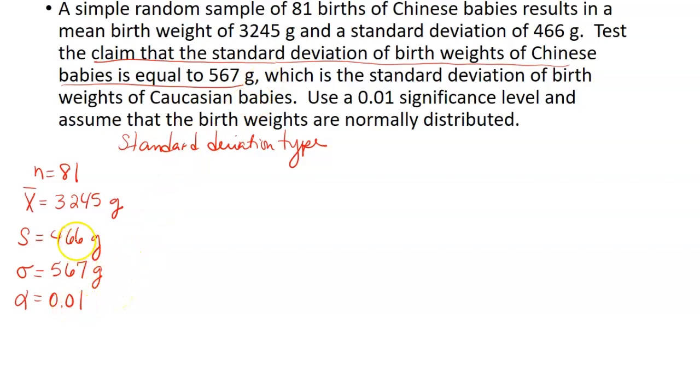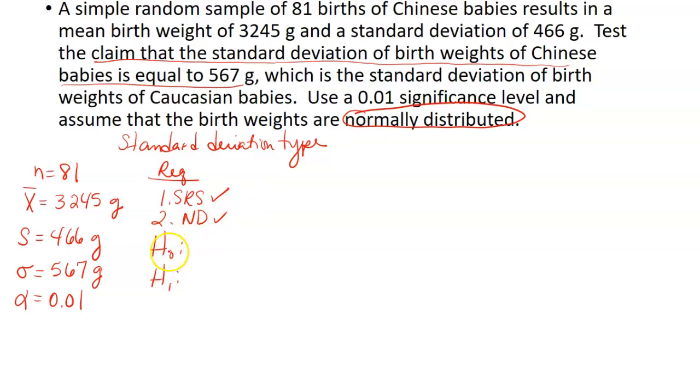Okay, so as far as our requirement check, we have to know that it is a simple random sample, which we assume, and the other part is it has to be normally distributed. This one is normally distributed. They tell us that, so we're good with that. So we're ready to set up our null and our alternative hypothesis.